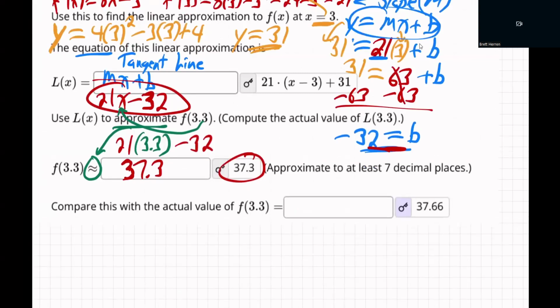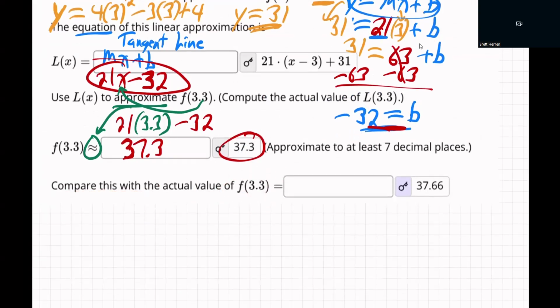They're saying, compare this with the actual value, f of 3.3. They wanted the true equals. So I'm going to plug back into the original function. The original function, f of x equals 4x squared minus 3x plus 4.